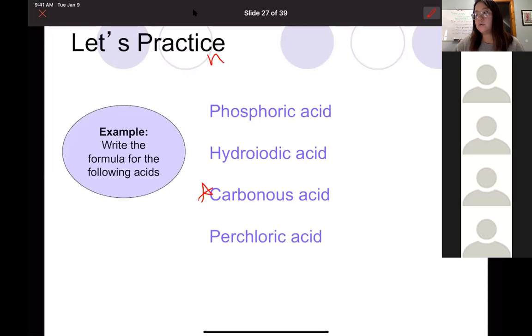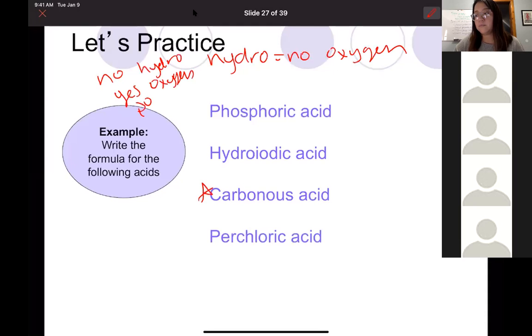And then when you don't have hydro, that means that there is, yes, oxygen. So that's a polyatomic. All right, thank you. And also just an FYI, ic you change it back to ATE. OUS, you change it back to ITE.